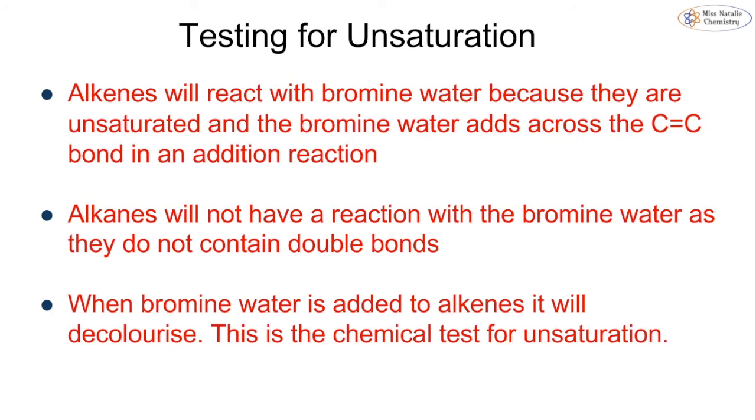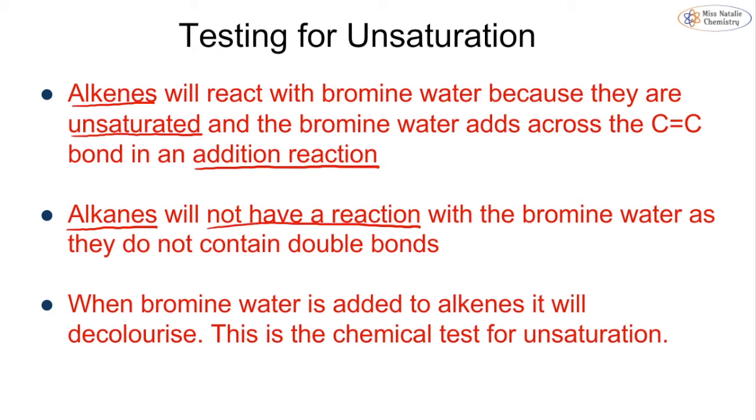So the alkenes, when we add in the bromine water, are going to react because they are unsaturated. So the alkene, being unsaturated, is going to break the double bond and allow the bromine water to add across in an addition reaction, like we've just seen. Now the alkanes, because they do not have this double bond, they do not react.